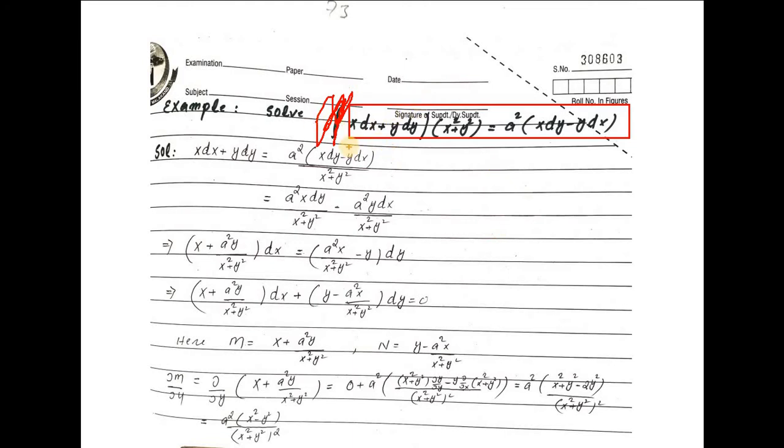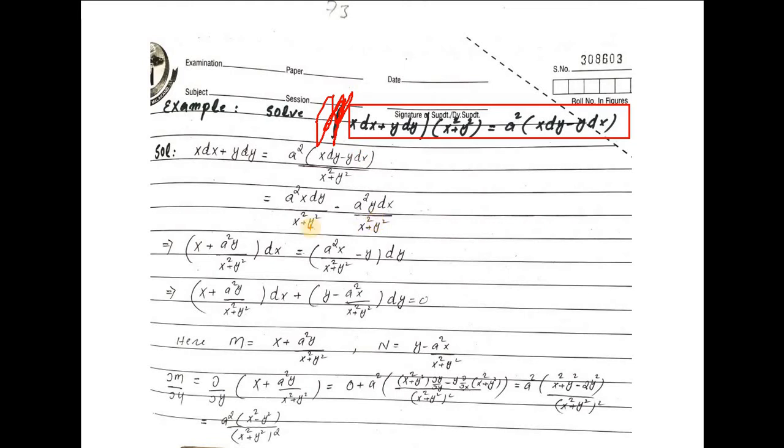So simplifying the differential equation, we can write x dx plus y dy equal to this expression divided by x square plus y square. Now simplifying, we can write this: the first term divided by the divisor minus the second term divided by the divisor.